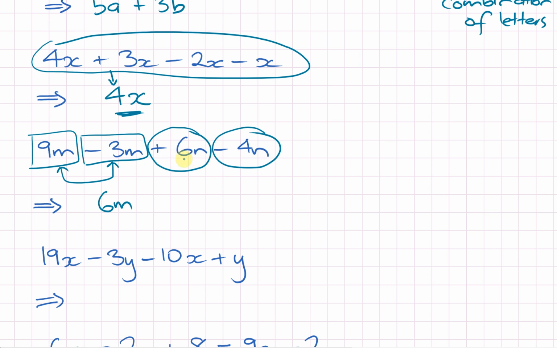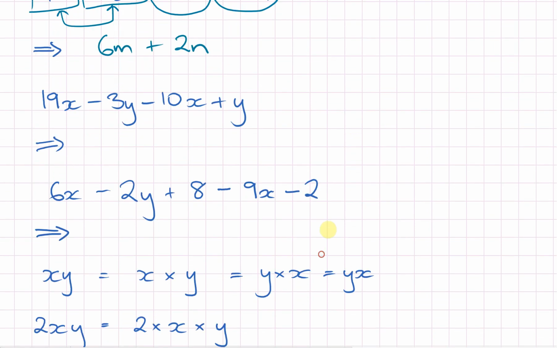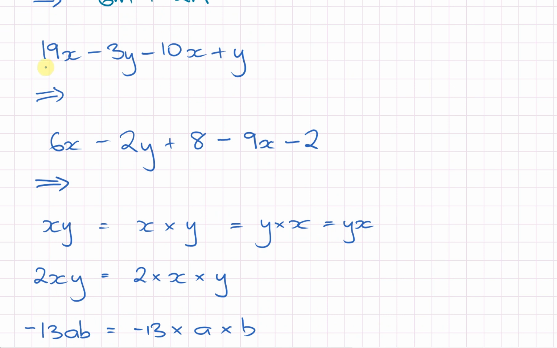Then I've got plus 6n minus 4n, will give me 2n. Okay, a few more examples. So 19x minus 10x. So those two I can combine together will give me 9x. Now I've got minus 3y plus y. So minus 3y plus y will give me minus 2y.